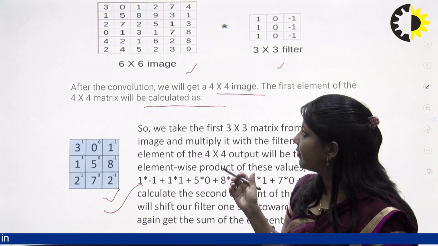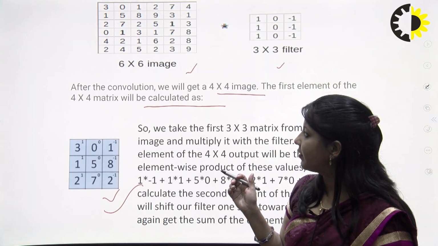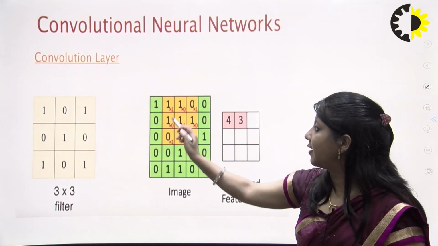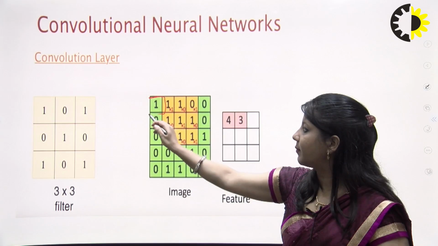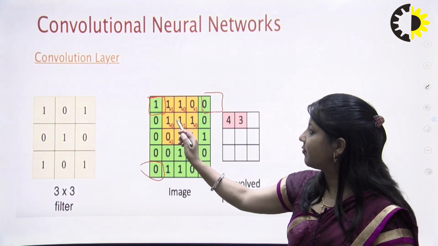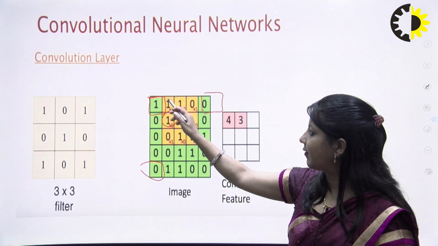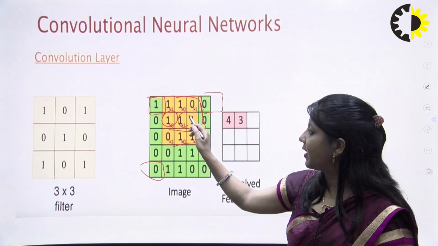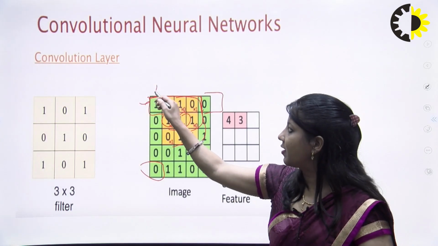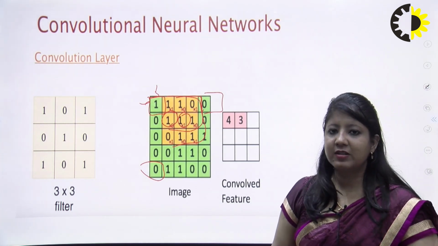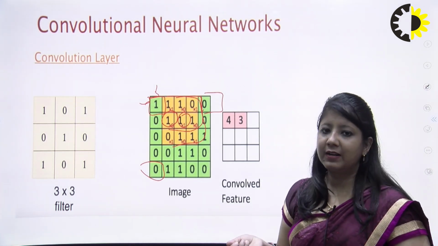So here one thing is that there is a problem if we use this. The corner pixel will not be included, because we are replacing the center pixel. Next time this window is selected and we replace the center pixel. So the first row and first column will not be included in the convolution feature. How can we prevent this problem?